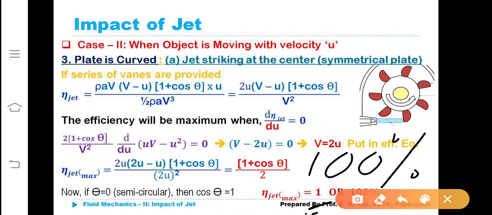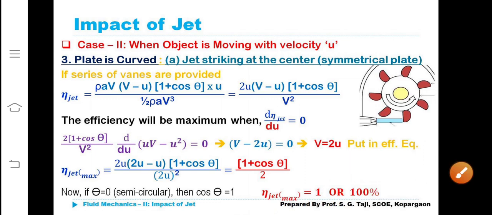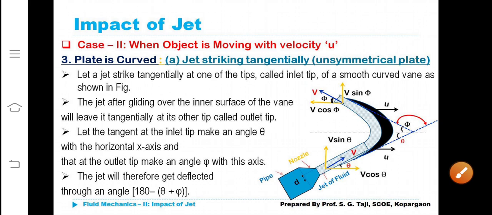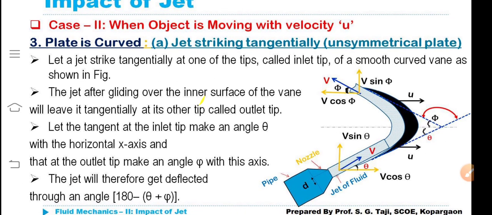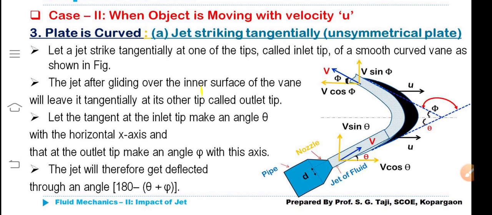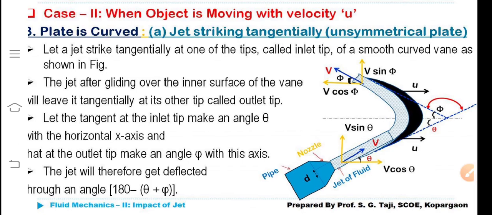Now we will go for curved plate when it is moving and at the same time it is unsymmetrical. In this case, first of all, we have to understand how the inlet velocity triangle and outlet velocity triangles are constructed.